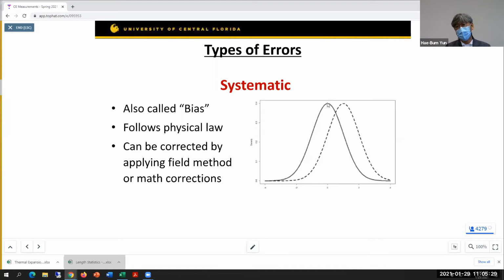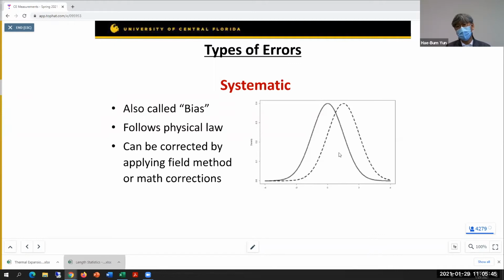Let's say this is the actual or true error curve, or measurement curve. But when we measure it, we have this dashed line.